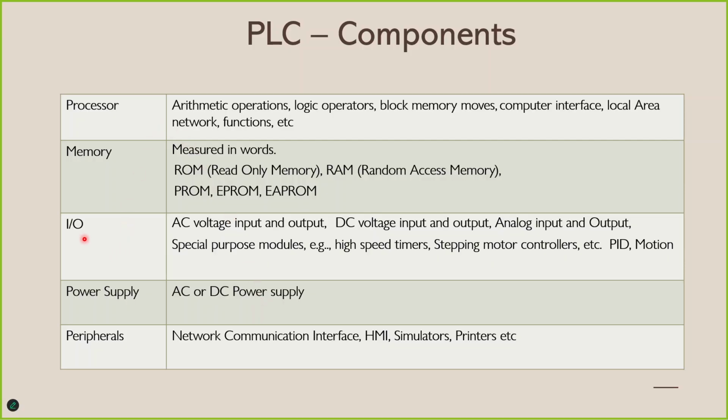There is the I/O, so you will hear this term a lot, I/O, which stands for input and output. So when you hear me say I/O or when you hear people say I/O, it's basically inputs and outputs. So a PLC has its power supply, it has I/Os, which is either AC voltage input and output, DC voltage input and output, analog input and output.